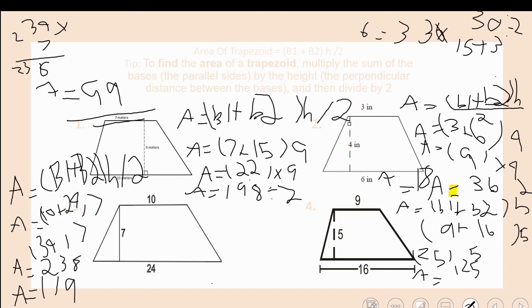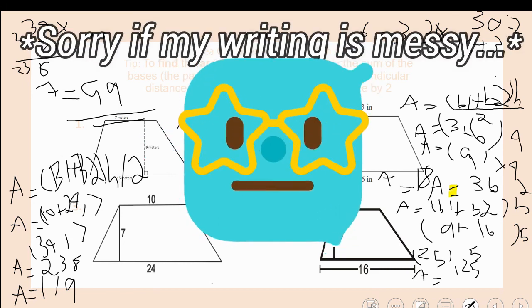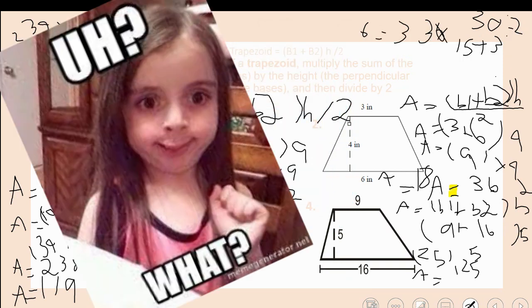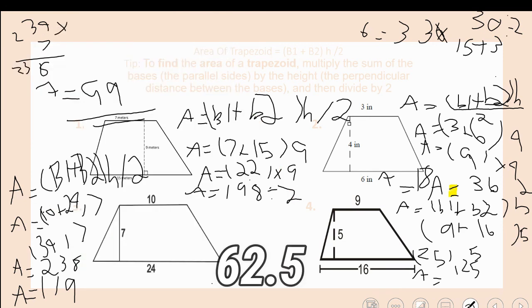So 125 divided by 2 equals 62.5. So 62.5 is the official answer.